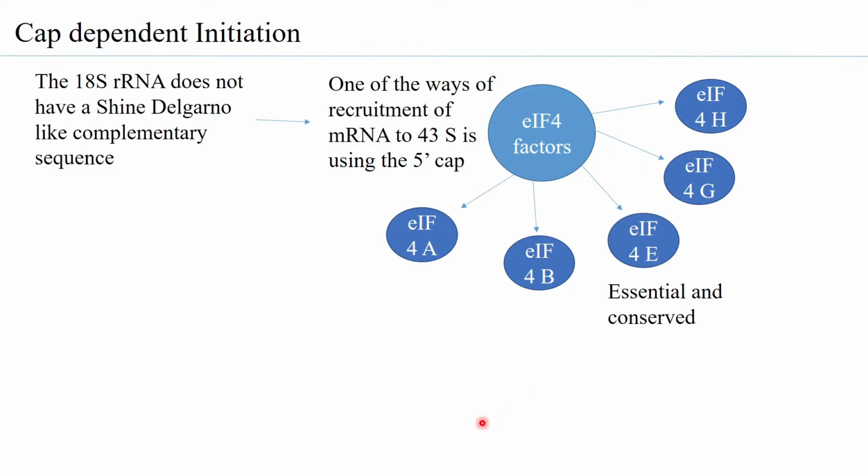So you will find the same in yeast, in humans, in protozoans, etc. What it does is that EIF4E interacts with the 5 prime cap.